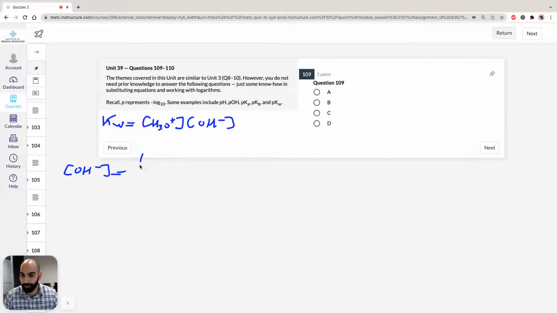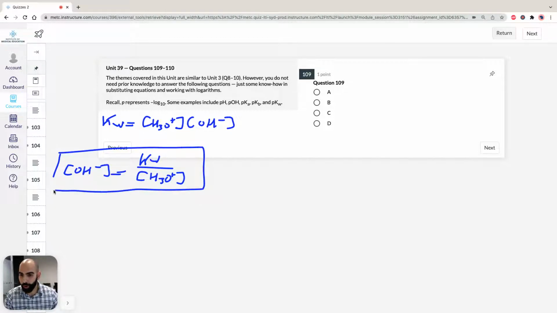We're going to be left with Kw over H3O plus, and that's what we end up with. So all we have to do now is substitute what we solved for the hydroxide ion concentration into the equilibrium constant for the base.